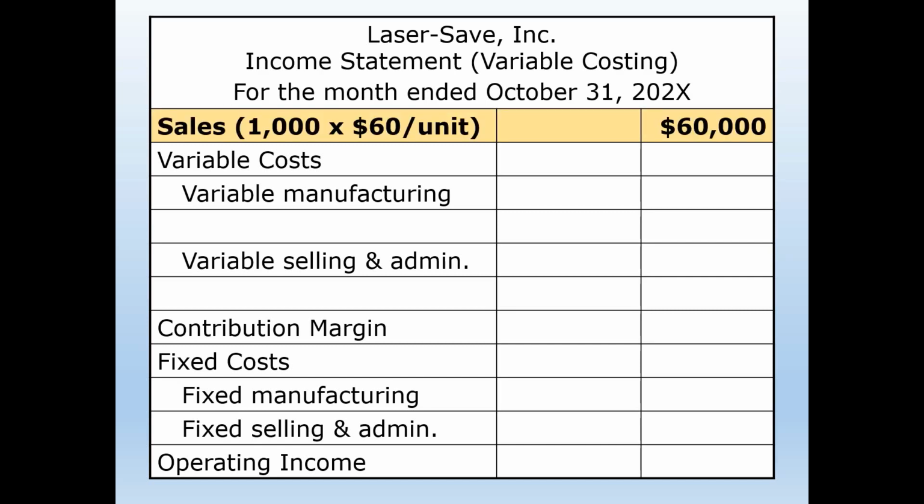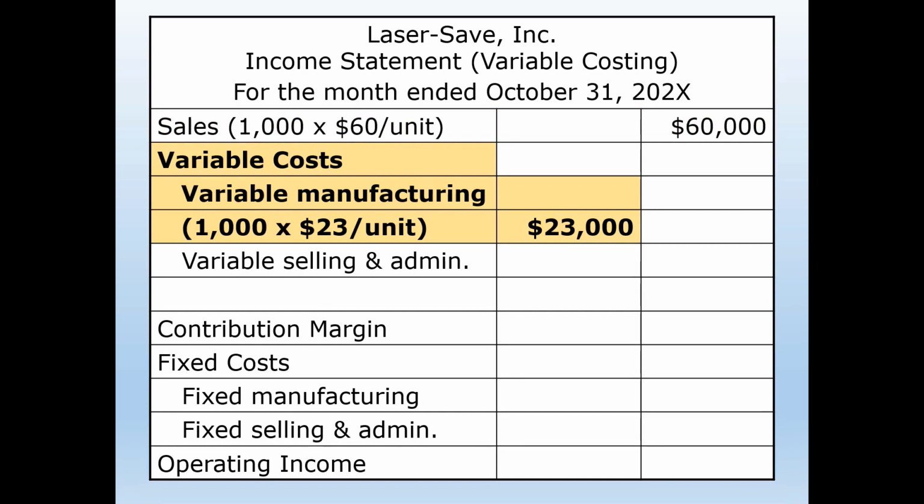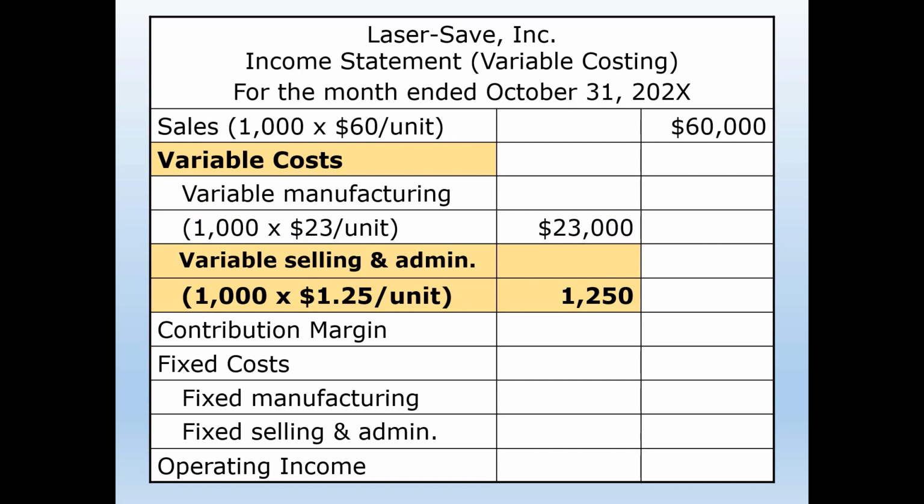Sales revenue is still the $60 selling price times 1,000 units, but instead of subtracting out our manufacturing costs, we're going to subtract out all of our variable costs. $23 per unit of variable manufacturing costs times 1,000 units plus $1.25 of variable selling and administrative costs times 1,000 units.